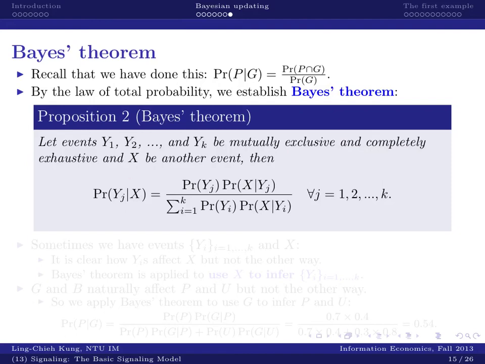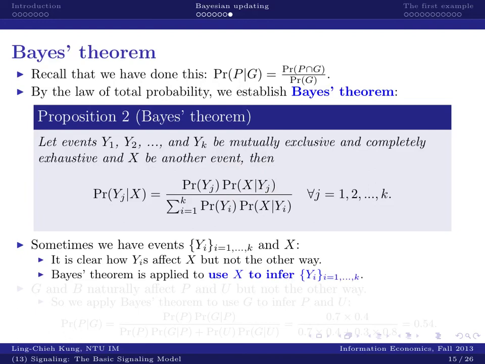Then the posterior belief, given your observation, the probability that this product is, for example, popular, can be calculated in this formula. That depends on the total probability as the denominator and the probability for this thing to occur as the numerator.